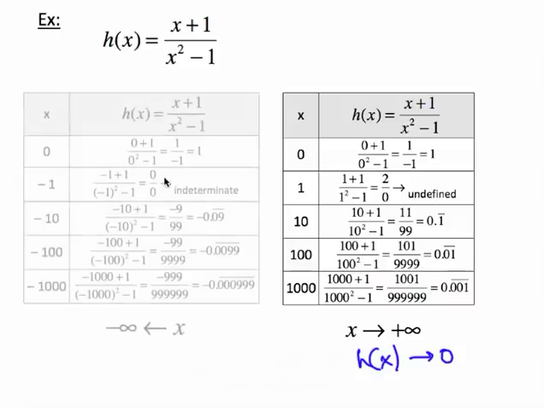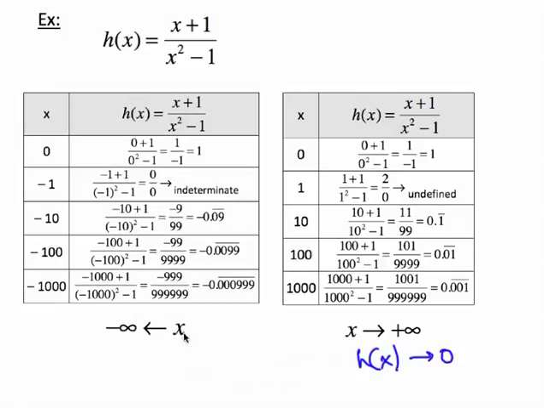Now, let's go in the opposite direction. As x approaches negative infinity, you start from 0, and I've given some values here. When x is equal to negative 1, notice we get 0 over 0. That's indeterminate. That's the location of our hole. As you go further and further to the left, as x becomes more and more negative, you see that the values are getting smaller and smaller.